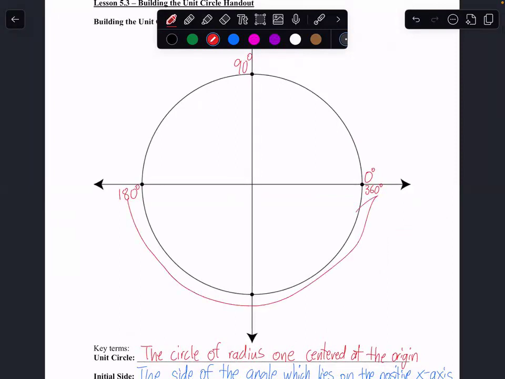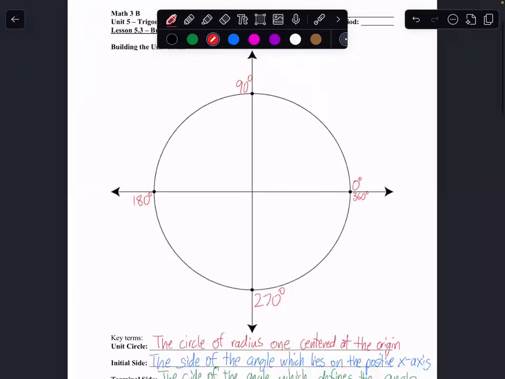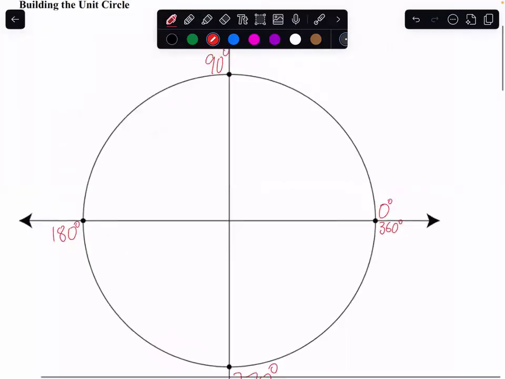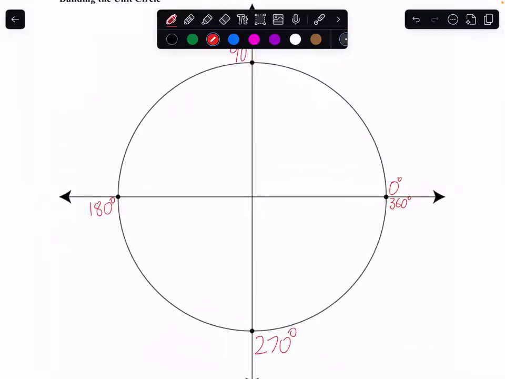And then halfway between 180 degrees and 360 degrees would be 270 degrees. So that's our start.